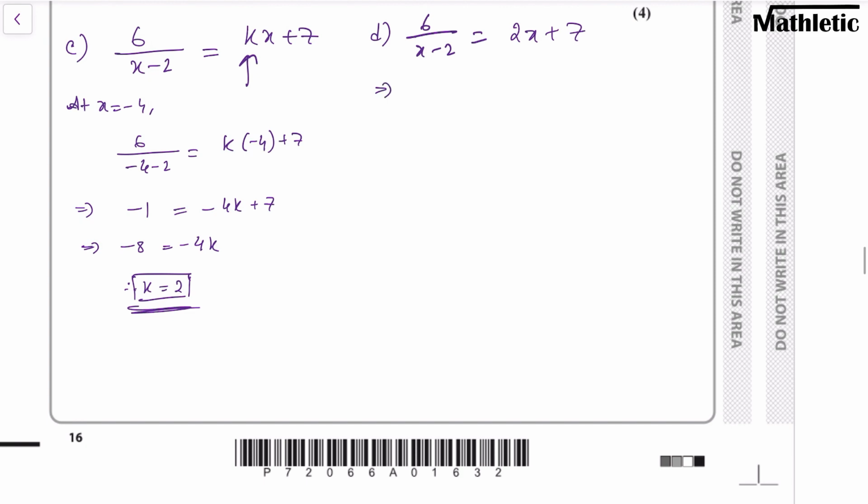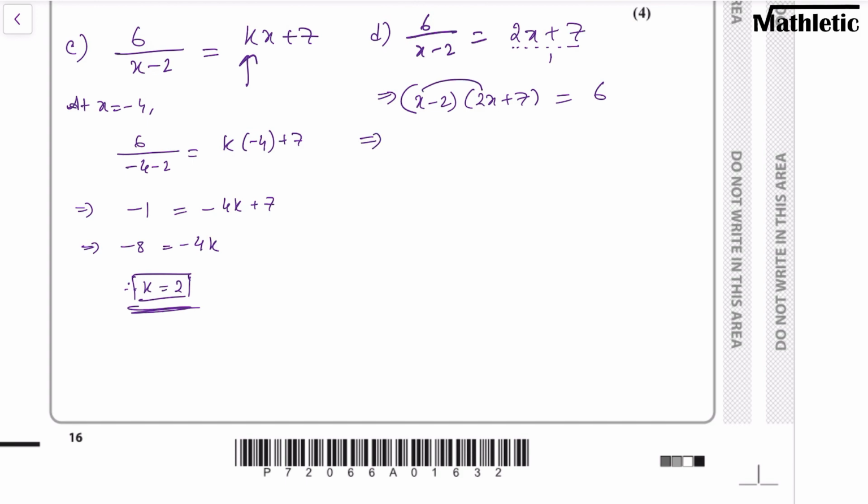If I just cross multiply this, at the right side you have an imaginary 1, and then you cross multiply. You get x minus 2 into 2x plus 7 equals 6 into 1, which is 6.